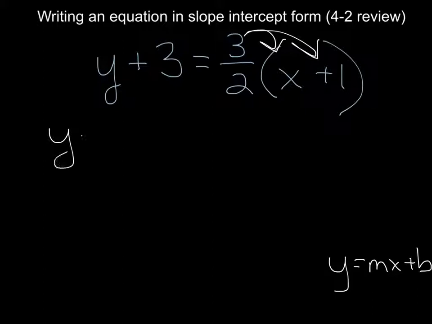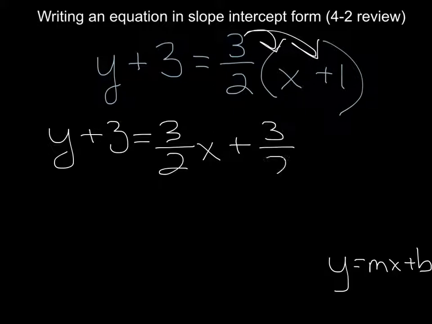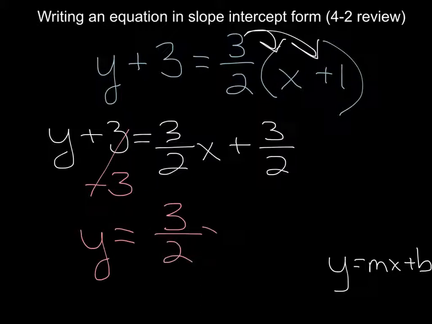You're going to have y plus 3 equals 3/2 x plus 3/2. And then you're just going to subtract 3 from both sides, which will just leave you with y equals 3/2 x minus 3/2.